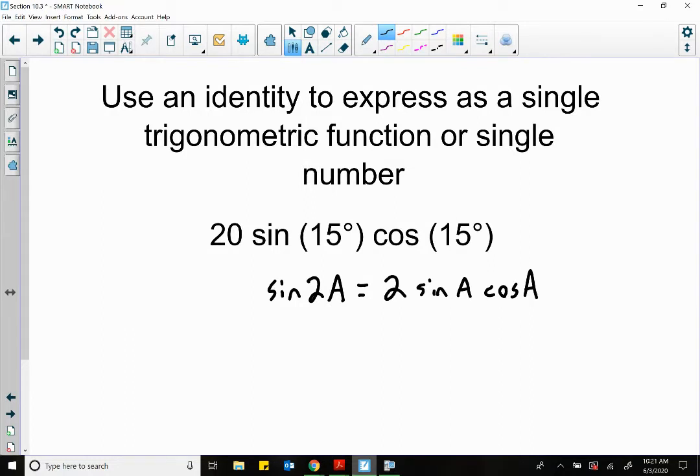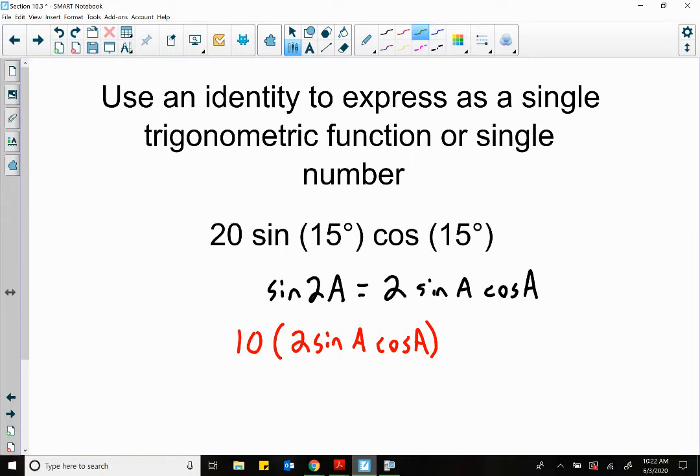But all of a sudden we got this 20 in front. So what really happened here? Well, how do I turn this 2 into the 20? You bet. What they did was they took 10 times 2 sine A cosine A. See, just a little manipulation they did on their part, because 10 times 2 is 20.